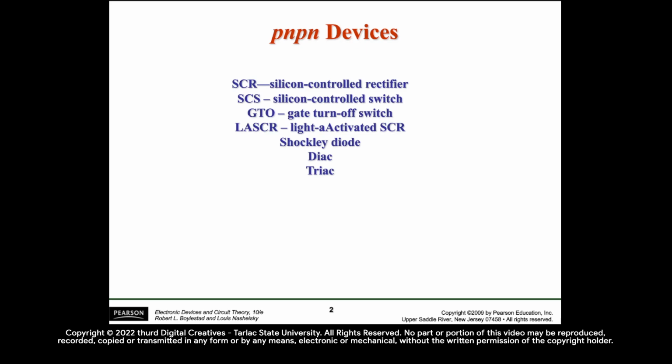Hindi katulad ng mga BJTs tsaka FET, they are PNP or NPN, ibig sabihin 3 layer yan. Ganon din yung MOSFET natin. Depende lang sa concentration ng dopant.